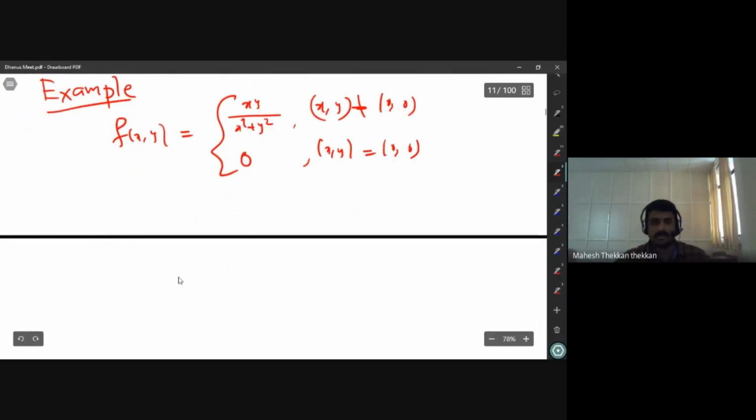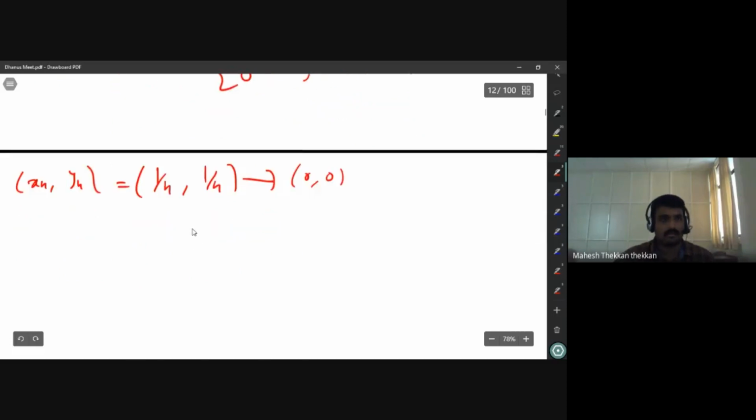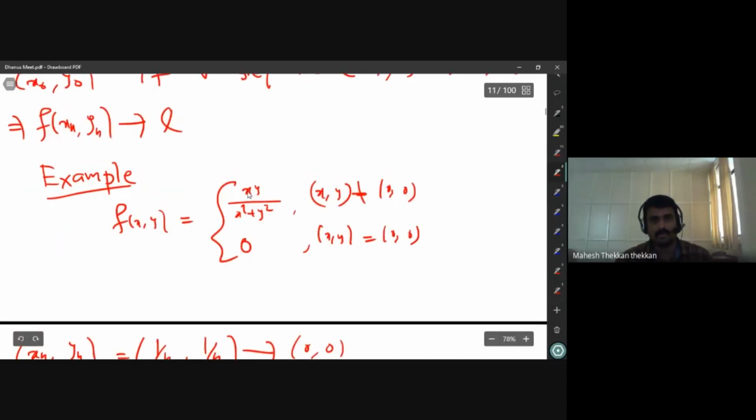Now I wanted to look at the limit at (0,0). So you consider the sequence (xn, yn) equal to (1 by n, 1 by n). This converges to (0,0) as n tends to infinity. Now you look at f(xn, yn). What will you get? If you substitute, in the numerator I will get 1 by n square.